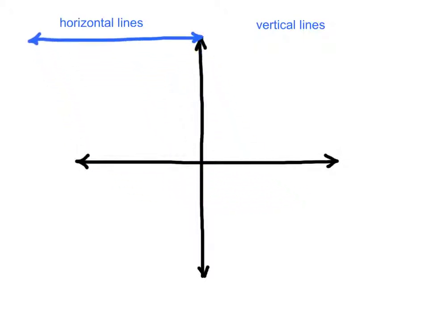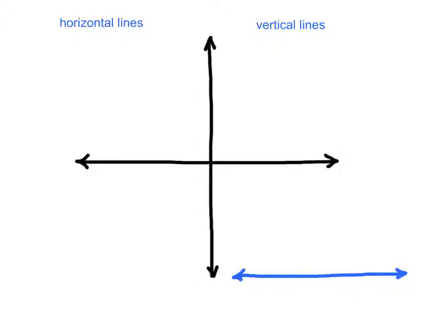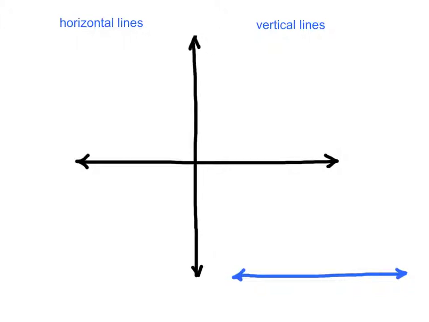Let's put some tick marks in. So here y is negative 1. Here y is negative 2. And we'll put a negative 3 here. Here's where y is 0. And then we have y is 1, y is 2, y is 3, and y is 4.